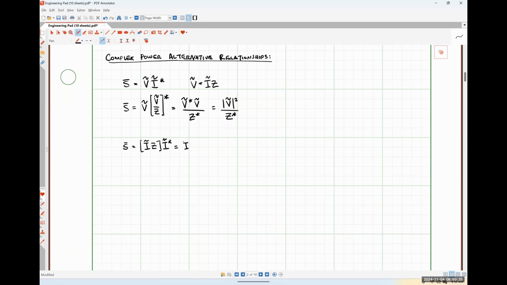And so this is going to look like I conjugate times I times Z, or the magnitude of our RMS phasor current squared times the impedance itself. So these guys are two other ones that are pretty handy to know because they let us calculate complex power without having as much information.